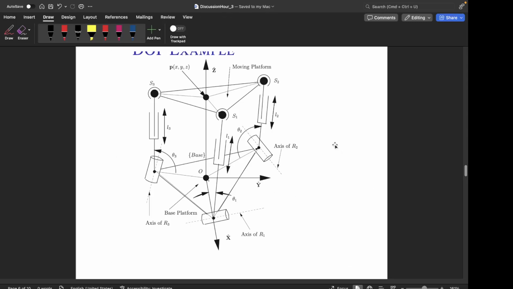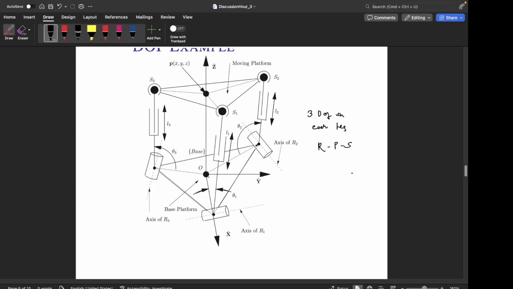And each leg has a revolute, then prismatic, then spherical joint, right? Yes, so we have 3 degrees of freedom in each leg, and it is revolute, prismatic, and spherical. Okay.